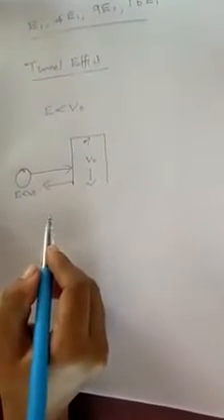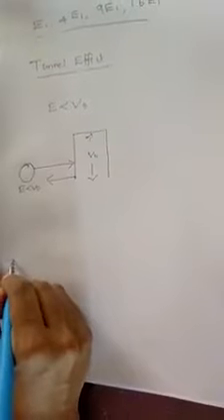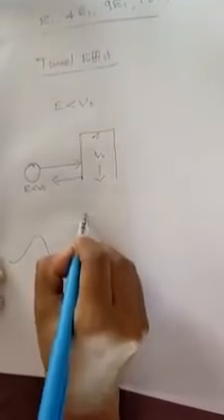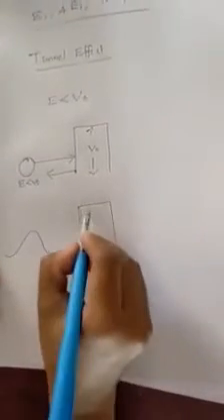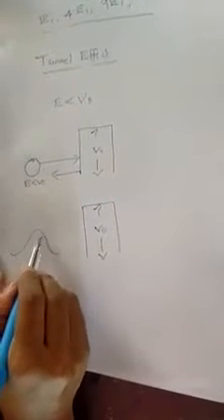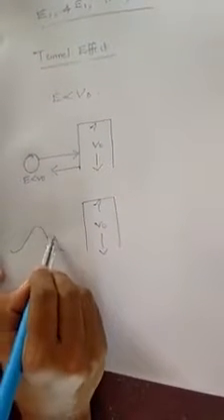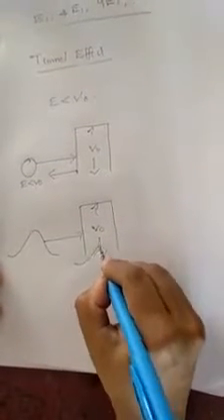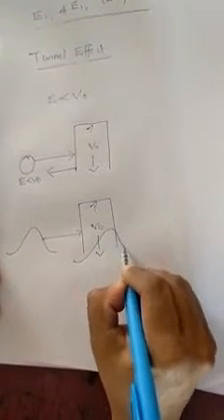If we consider the electron as a wave in quantum mechanics, so this is V0, the potential barrier, and if we consider the wave behavior of the electron, there is a finite probability to tunnel through the barrier.